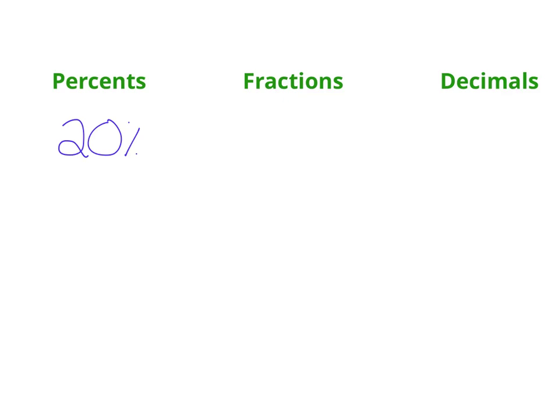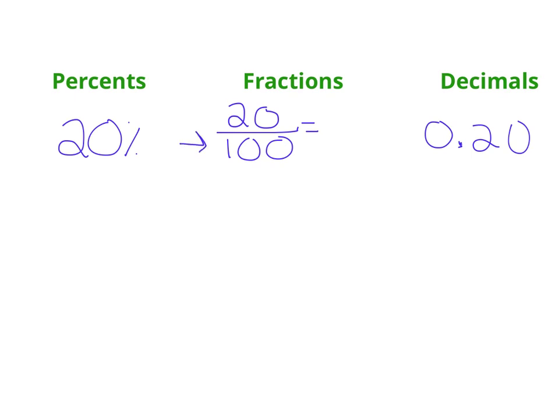So when you convert it to a fraction, you think, well, 20% would be like 20 points out of 100 points. 20 100ths. I'm going to come back and simplify this fraction, but first, 20 100ths, 0.20. I can go straight to the decimal if I have denominator 100, which of course is the same thing as 0.2.